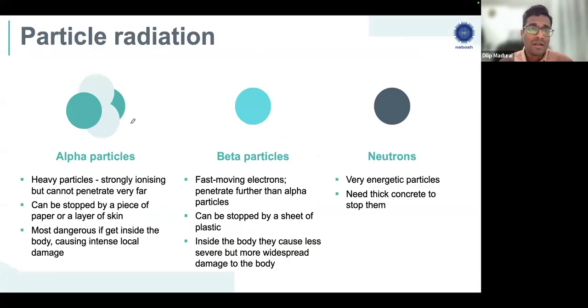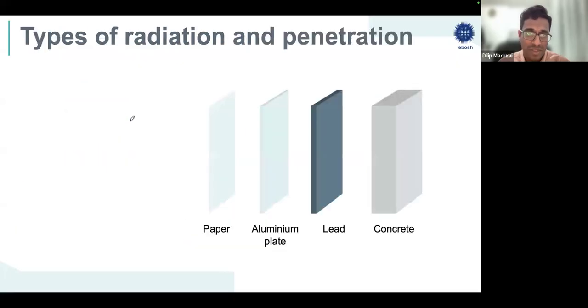ion. Now, one categorization we will be discussing is ionizing and non-ionizing. Ionizing radiation has sufficient energy to change the structure of the atom. Examples of ionizing radiation are alpha particles, beta particles, and neutrons.